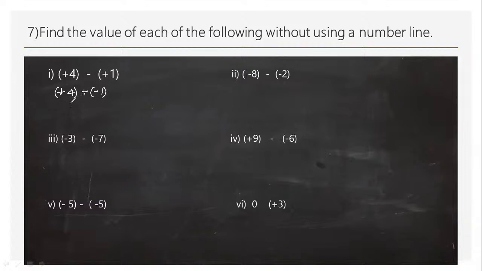Now when adding different signs, you have to take the difference. The difference of 4 and 1 is 3. Take the sign of the larger numerical value. Answer is plus 5.